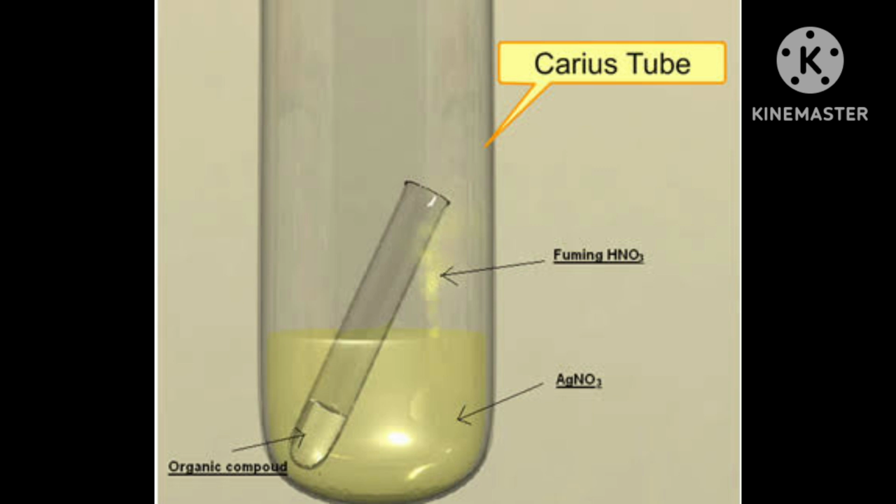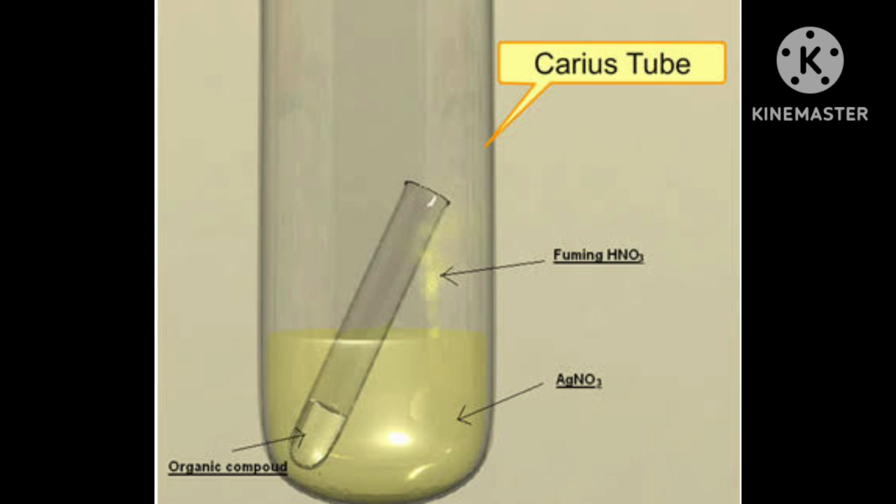Then the mass of halogen in m1 gram of AgX is equal to the atomic mass of X divided by the molecular mass of AgX, multiplied by m1.